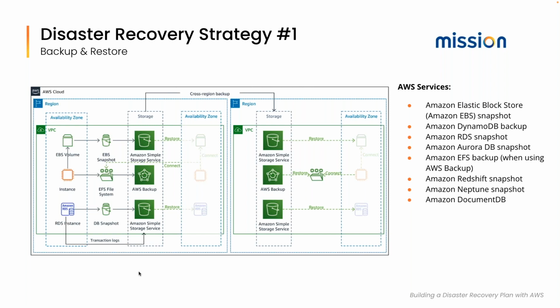If you're using DynamoDB, which is a fully managed serverless key-value NoSQL database that we offer, you can use AWS Backup or the DynamoDB service to create automated or scheduled backups in the same or a different region. The last part is about EBS, right? If you are using EBS, which provides block level storage volumes to be used with EC2, you can create regular incremental snapshots.